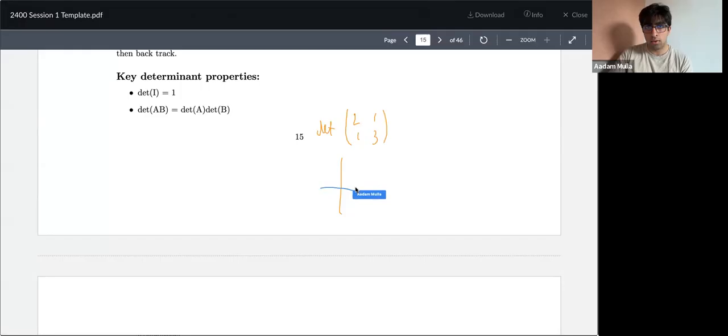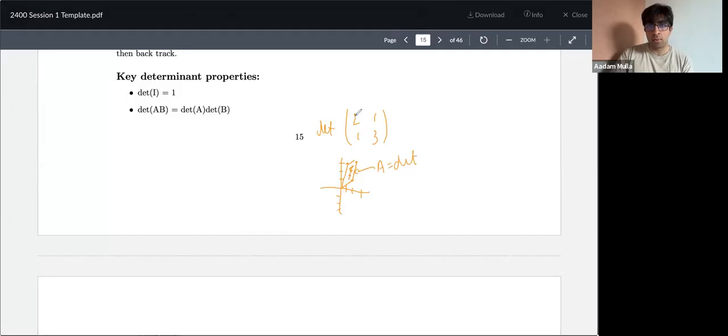Let's make a grid. 2, 1 is my first vector here, and 1, 3 is my second vector here. So in this case, it's going to be a parallelogram. The area of this is equal to the determinant.